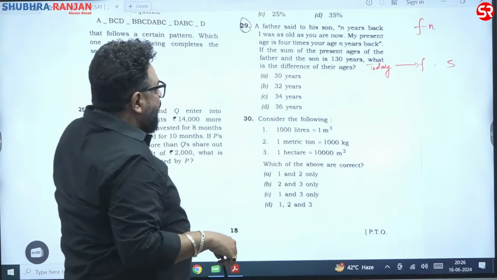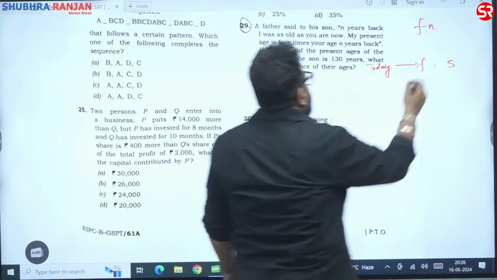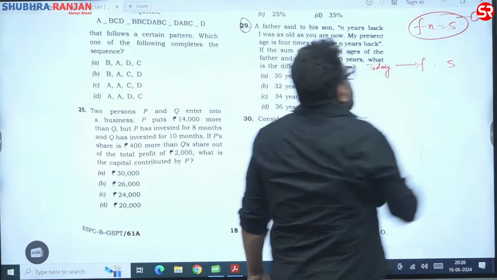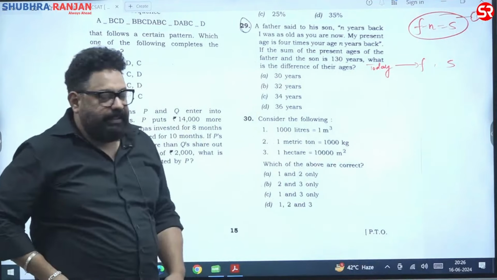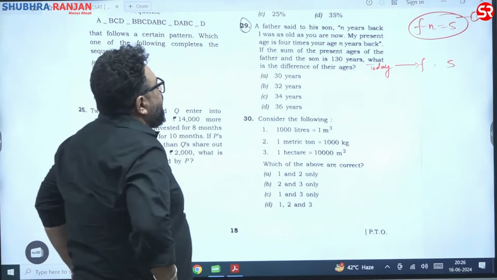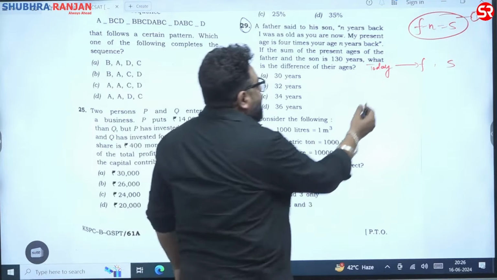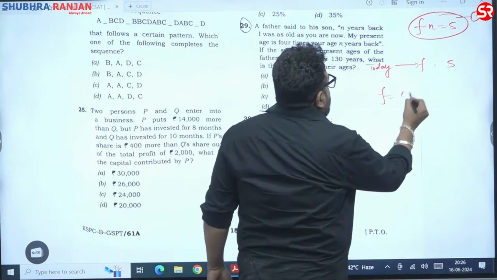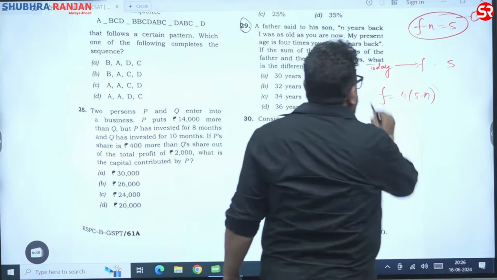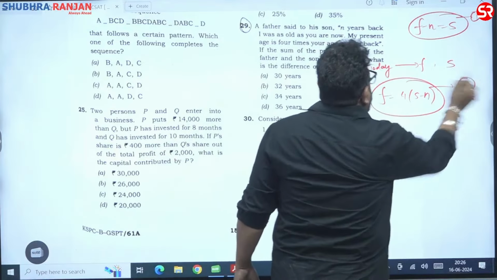I was as old as you are today. So this is one equation: F minus N is equal to S. And then he says, my present age is 4 times your age N years back. Today, I am 4 times S minus N. This is your equation number 2.